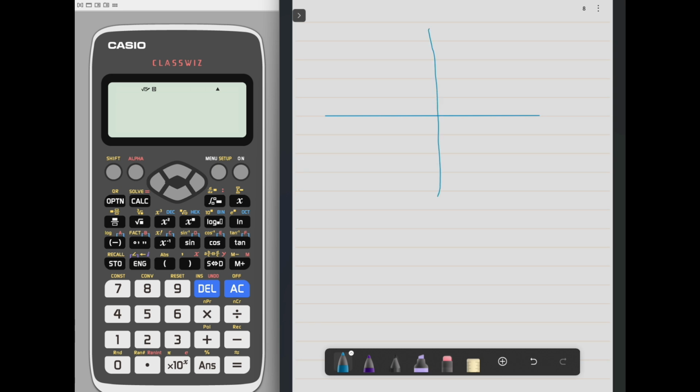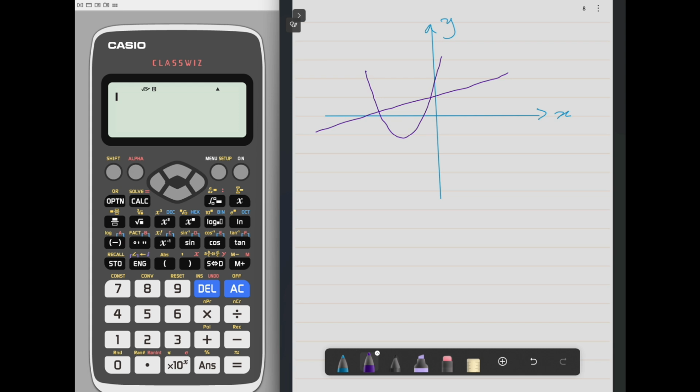Let me draw it. y, x. In quadratic simultaneous equations, you will have one linear equation and one quadratic equation, right? Let us say that this is our quadratic, and this one is the linear.